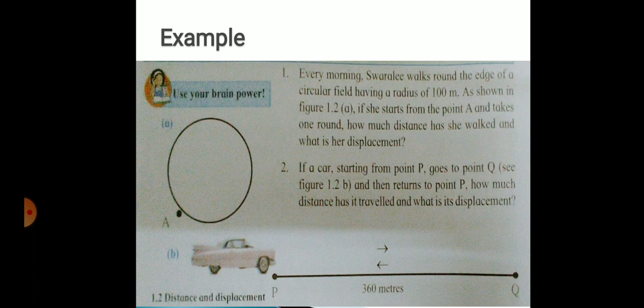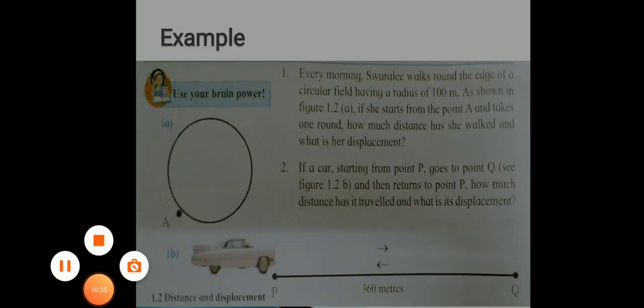Obviously the displacement is going to be 0 because the car is starting from point P and again it reaches point P. So even if the displacement of an object is 0, the actual distance traversed by it may not be 0. Now I hope the concepts of distance and displacement are clear.